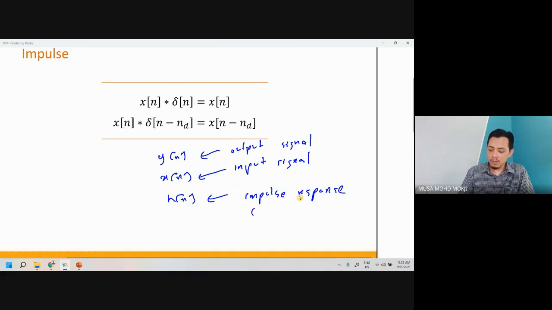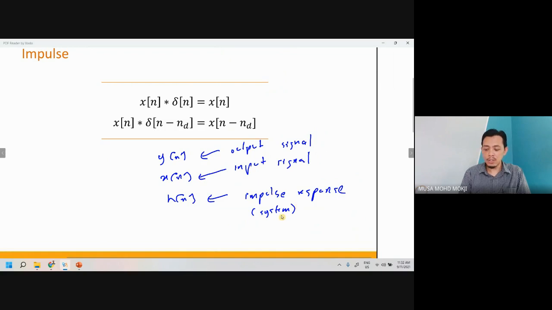This is a system. Totally different. In the first week, we learn about signals. In the second week, we learn about systems. Now our signal and system look the same. That's why you should not be confused. Even though they look similar, they represent different things.